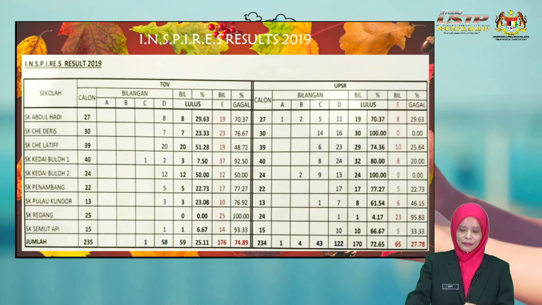And it is a proud thing to say that 2 schools have got 100% passes, which are Sekolah Kebangsaan Cik Dres and Sekolah Kebangsaan Kedai Buloh 2. And don't be surprised, we also have produced an A candidate from Sekolah Kebangsaan Abdul Hadi, and she is Aisyah Humaira binti Ahmad Hassanul.